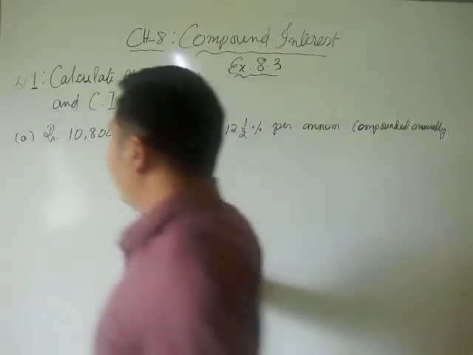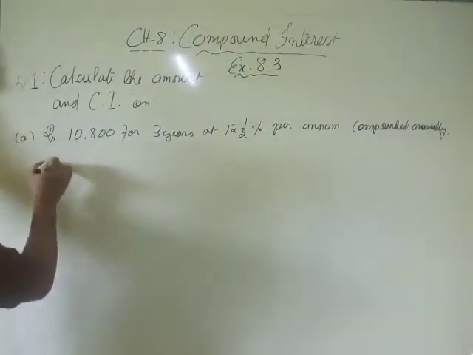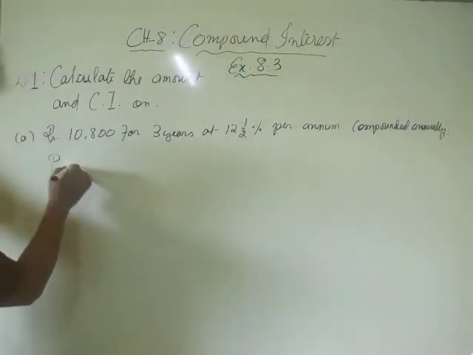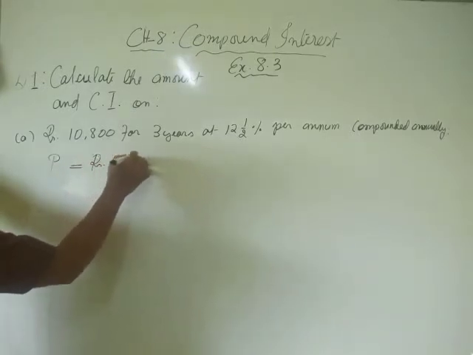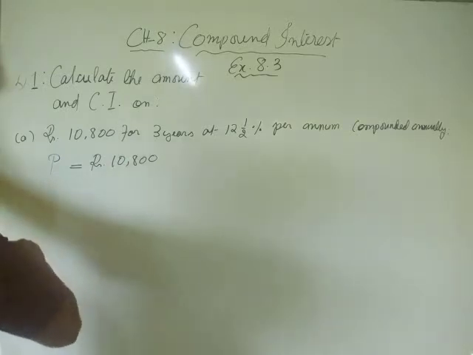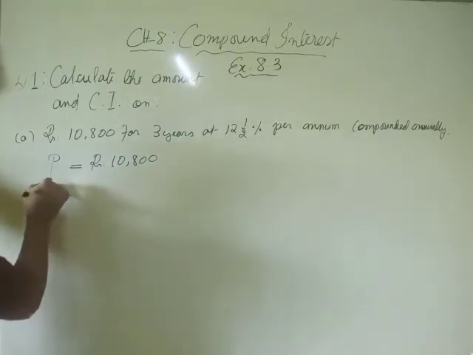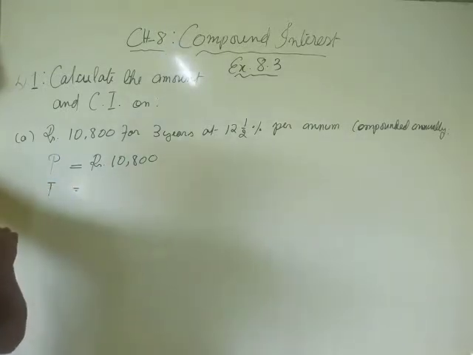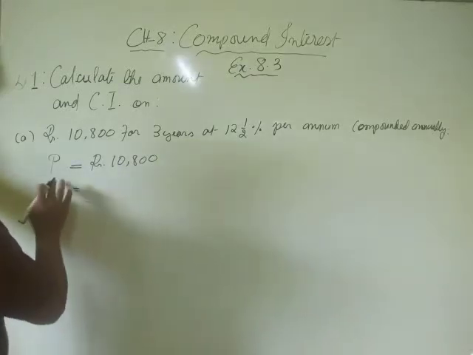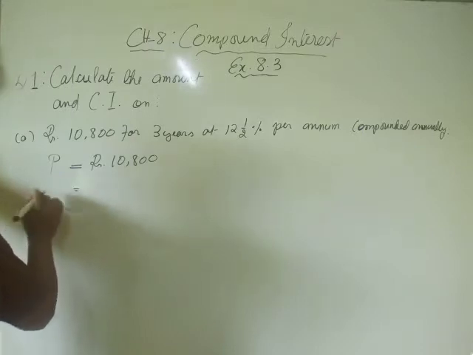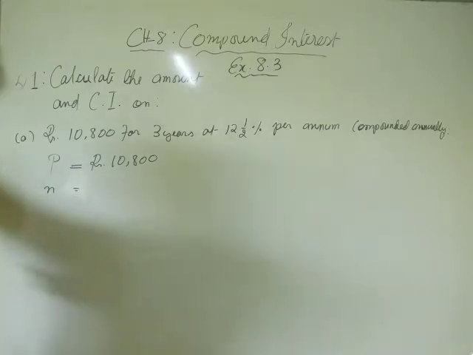Okay. So here, first of all, we have to understand that the principal money is rupees 10,800. Then time, T for time, actually is n. In fact, it is time only. So there is how much? 3.